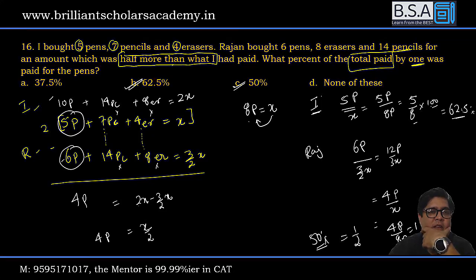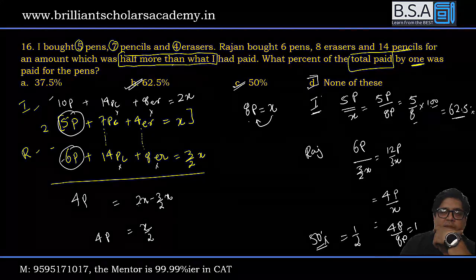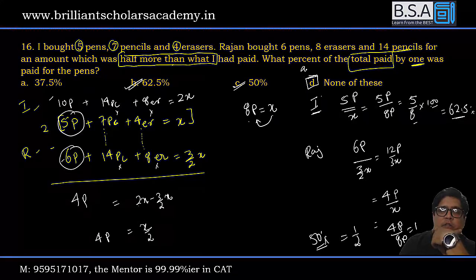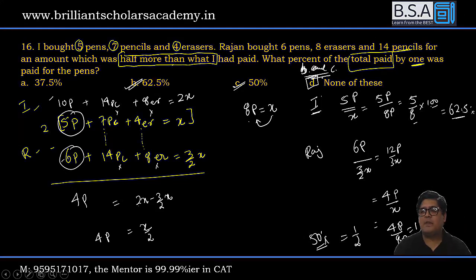Both options are there, right? So in this case, you will have to mark none of these. The answer should be both B and C.